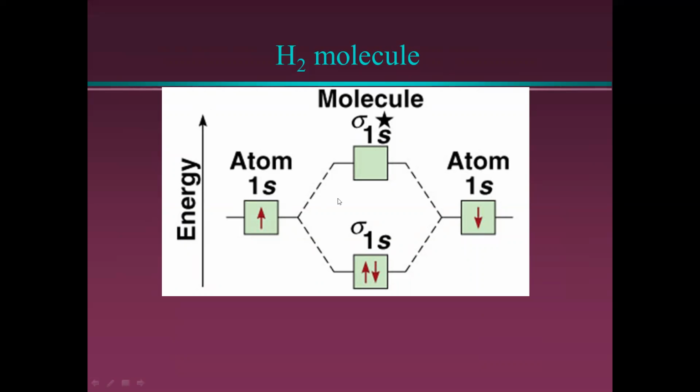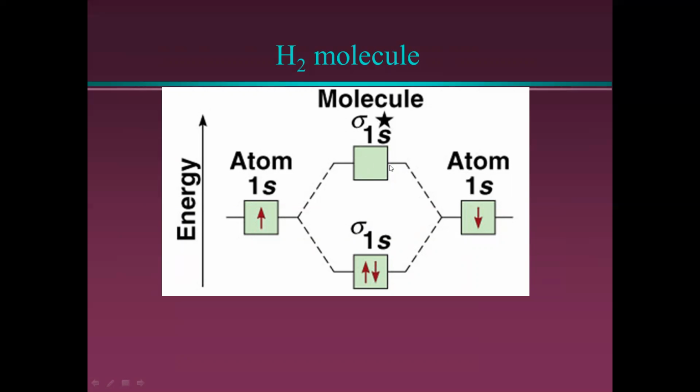When they form the molecular orbital, MO, they form one bonding molecular orbital and one anti-bonding molecular orbital. As we talked before, the bonding orbital has a lower energy compared with the atomic orbital, but the anti-bonding orbital has a higher energy compared to the atomic orbital.